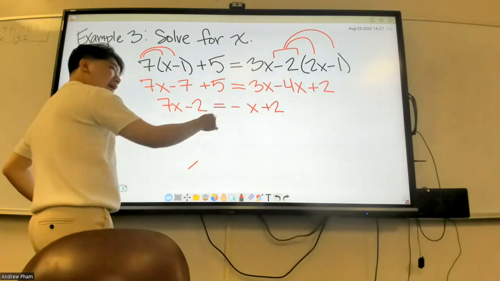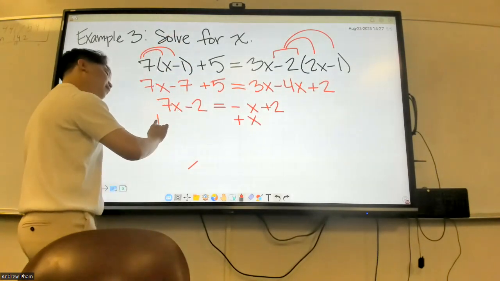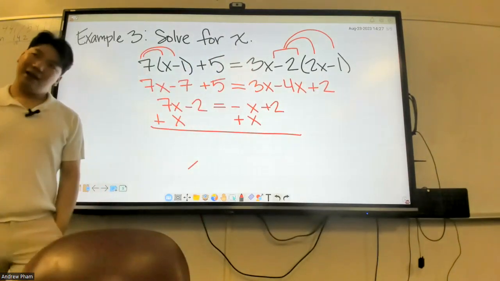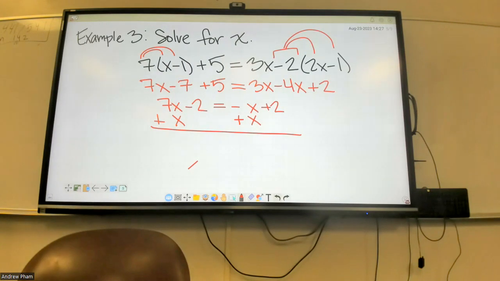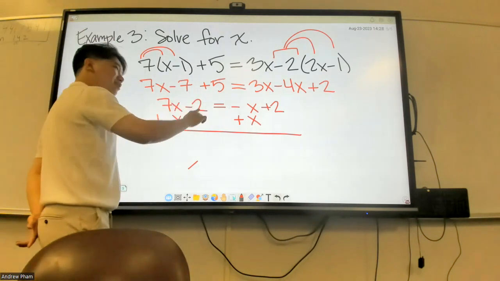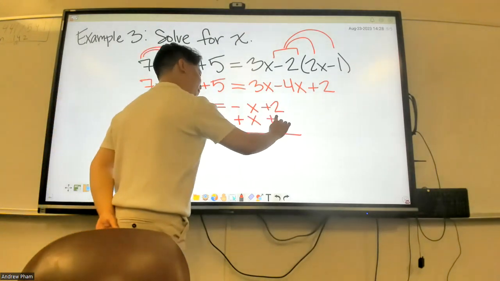So this is minus x, the opposite of minus x, we got plus x. And while we're at it, let's go ahead and move the numbers also. If I move the x's to the left, and if I move the numbers to the right, I want to move this -2. To move the -2, I got to do the opposite, which is +2.